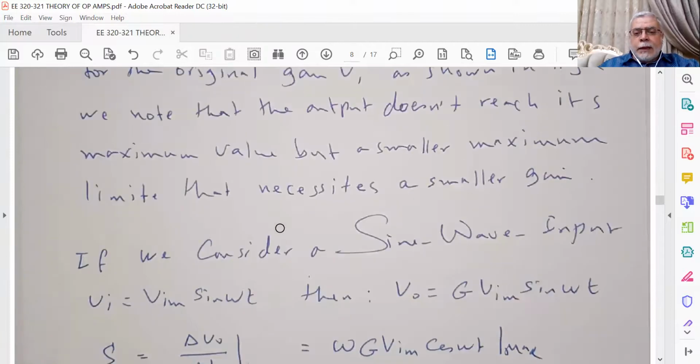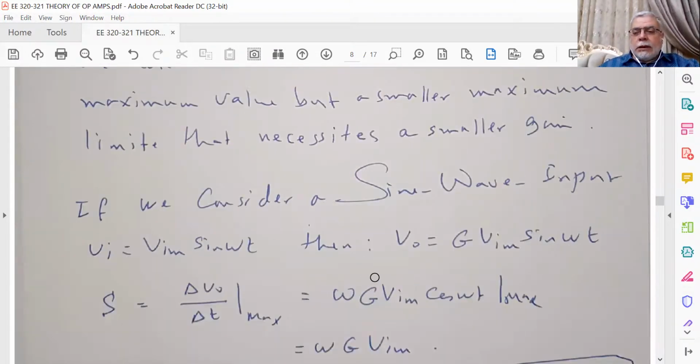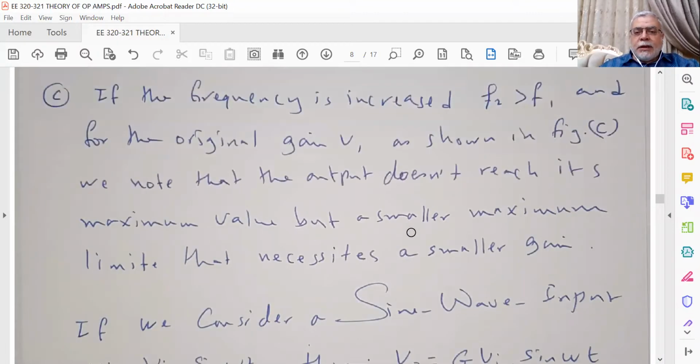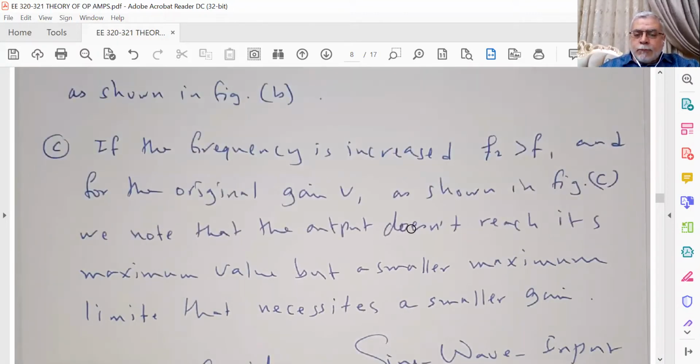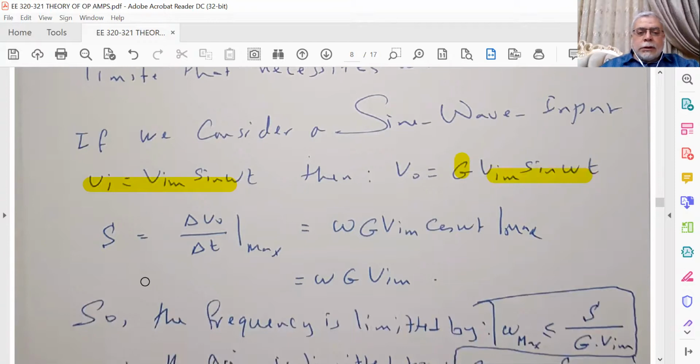So if we take an output sine wave signal, the input signal will be VIM sine omega t. Using a gain G, the output will be G VIM sine omega t. Now, the slew rate is delta VO by delta T maximum, so it is omega G VIM cosine omega t maximum. Cosine omega t maximum equals 1.